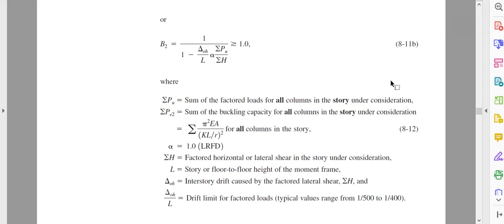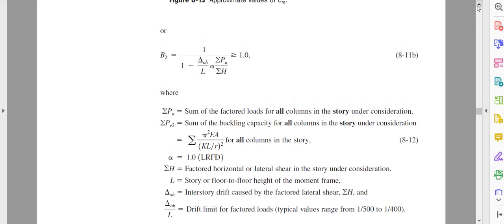So there is another equation to find B2. I'm not going there because it is difficult. Not difficult, actually, it is the same. Any one equation is good. I'm just trying to save some time. B2 is 1 over 1 minus delta OH by L. What is delta? It is the drift limit, which typically ranges from 1 over 500 to 1 over 400.